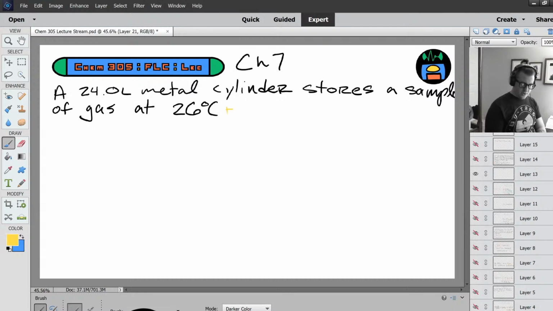I'm just going to, without even thinking, add 273 to this, because we're going to need it in Kelvin. I know nothing about the problem, but I already know we need it in Kelvin. Under 1.42 atmospheres of pressure.